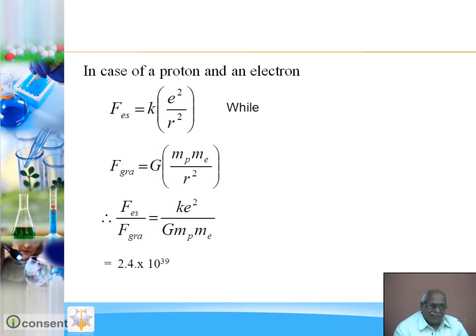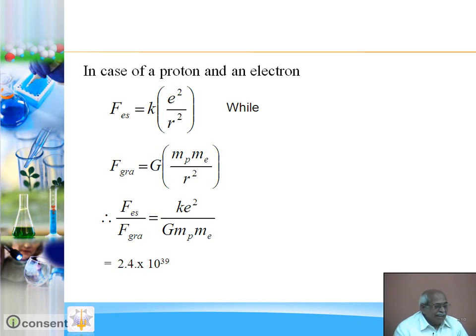Now, how much is the gravitational force between the same particles? F gravitational will be G, now instead of m1 m2, I have to say m_p, mass of proton, into m_e, mass of electron, divided by r square. Now, take the ratio of these two.